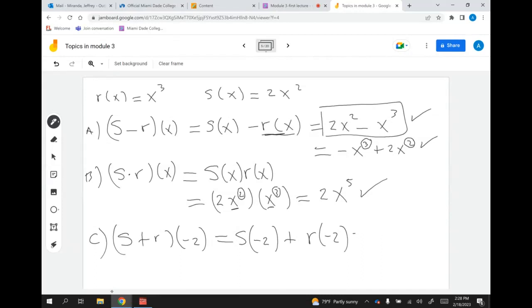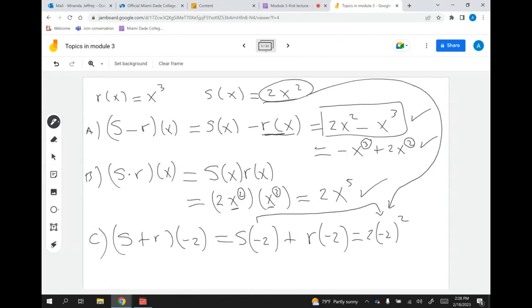Well, this will be 2 times (-2) squared. That's what this is, from here. Plus R of -2. Well, that will be (-2) cubed, because my R function is this one. You see?